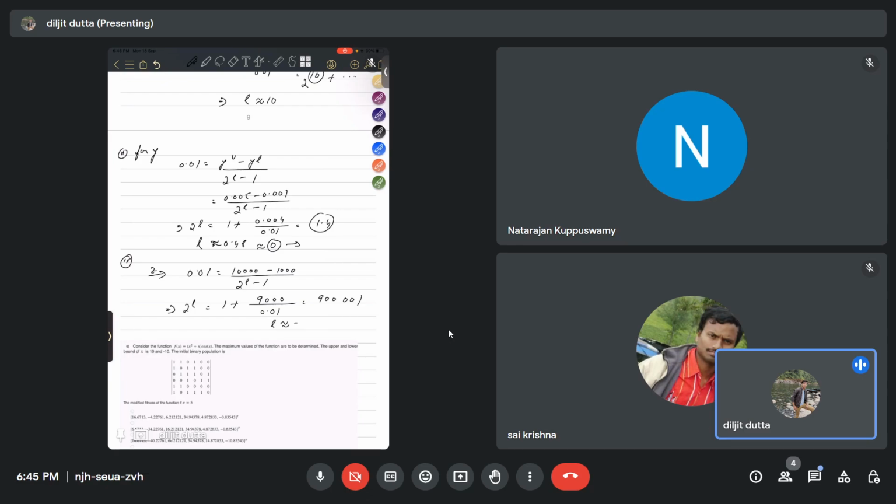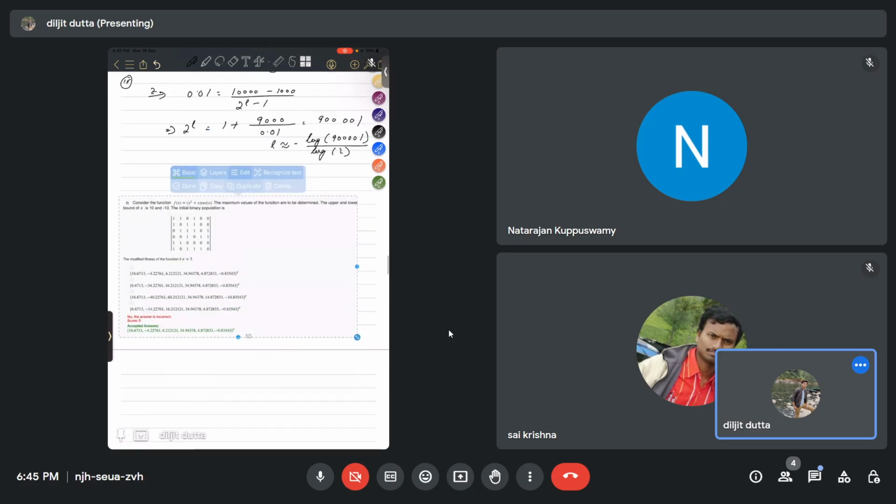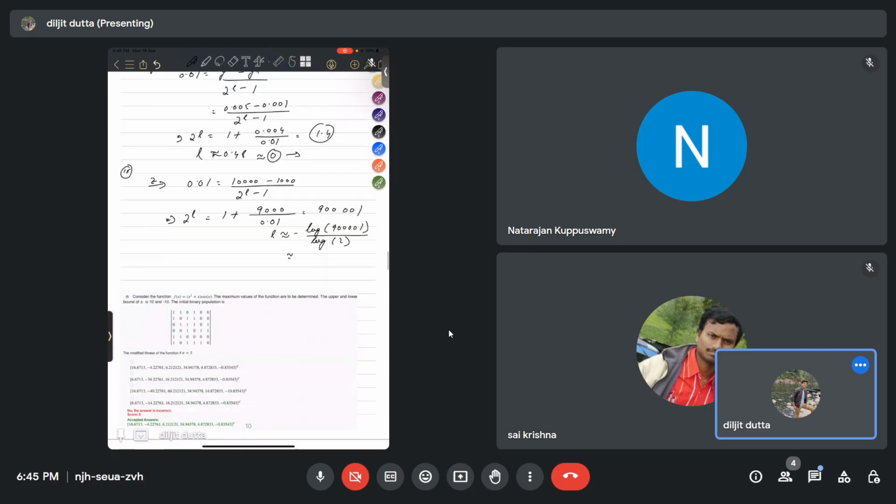If you take log on both sides, l is log of 900,001 divided by log of 2, which is approximately 19.7. This will be equal to 20.